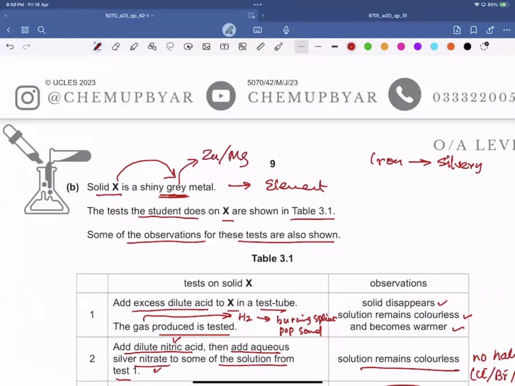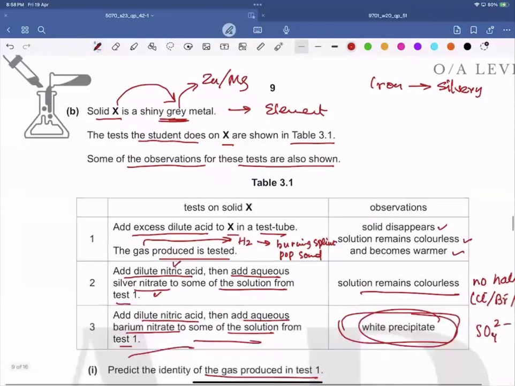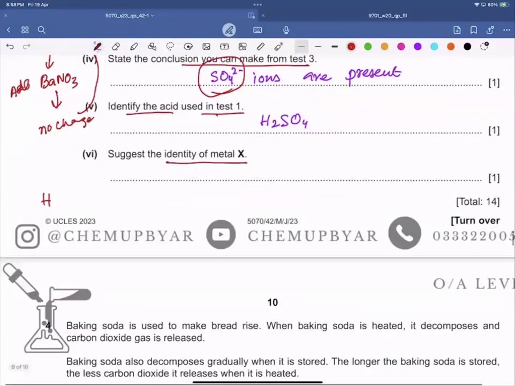We cannot use group 1 and calcium because, yes, the group 1 metals are gray, but they react explosively with the acids, so we cannot react them in the lab. So the metal X would be magnesium. Instead of magnesium, you can write zinc as well. Is this clear?